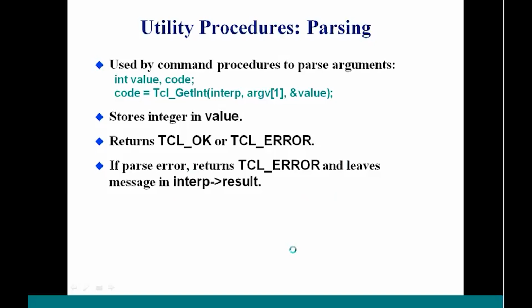Now let's look at the utility procedures, and one of them is parsing. This is used by command procedures to parse arguments. Usually it takes in a value and a code. The code is just a Tcl_GetInt, interpreter, argv[1], and then value.